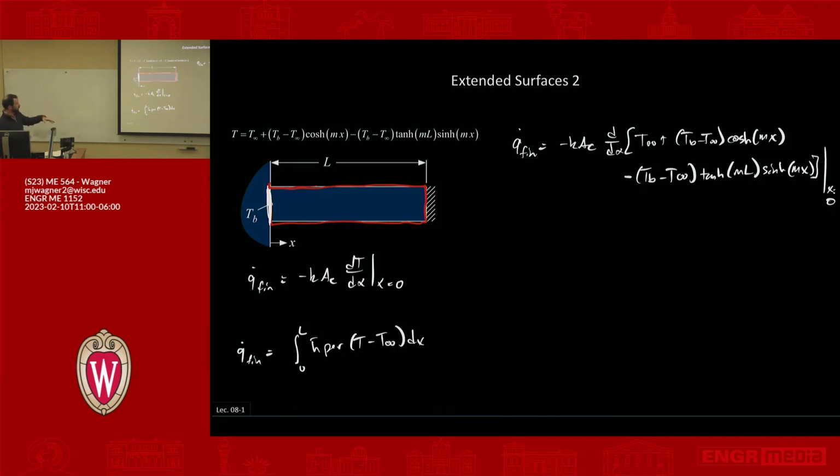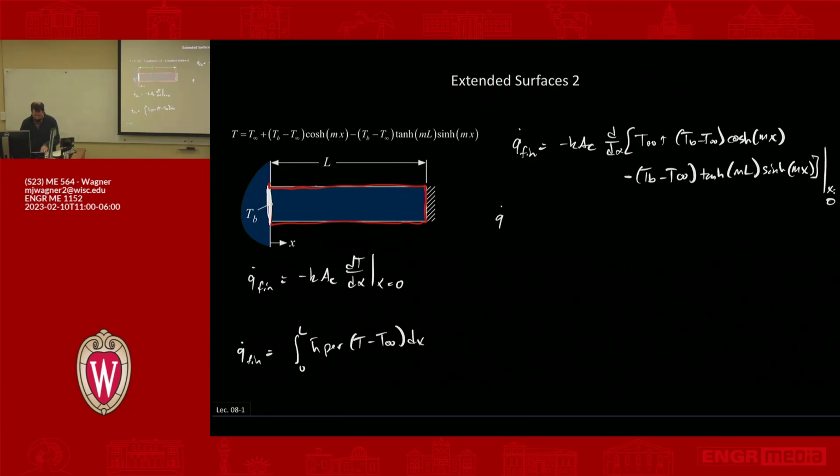That's just the expression for Fourier's law with our solution plugged in. Going through and taking that derivative and evaluating at x equals 0 gives us the following.